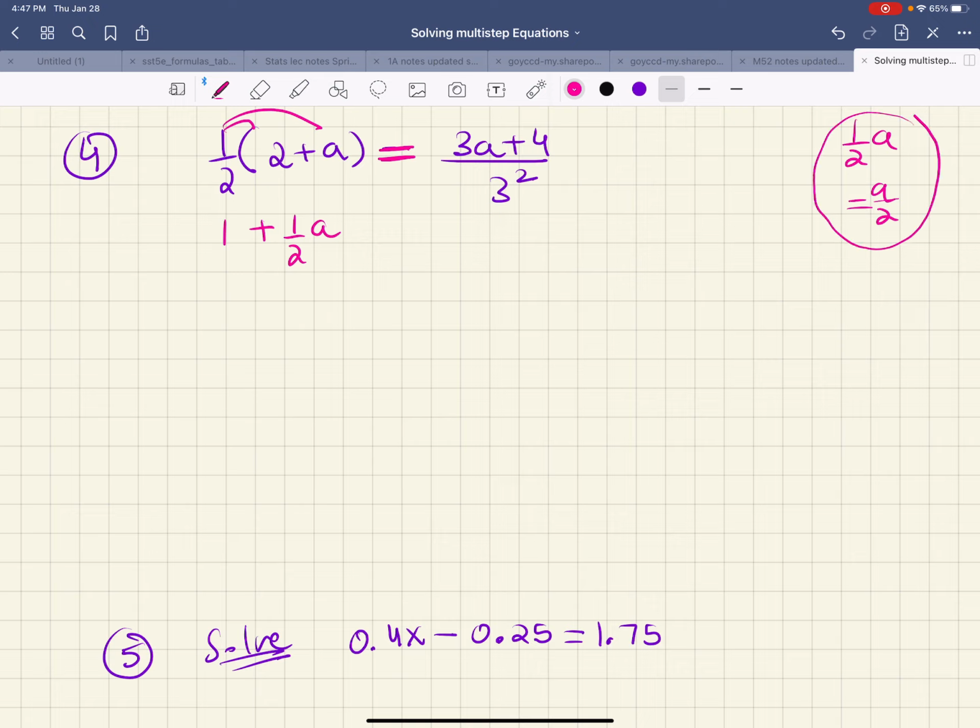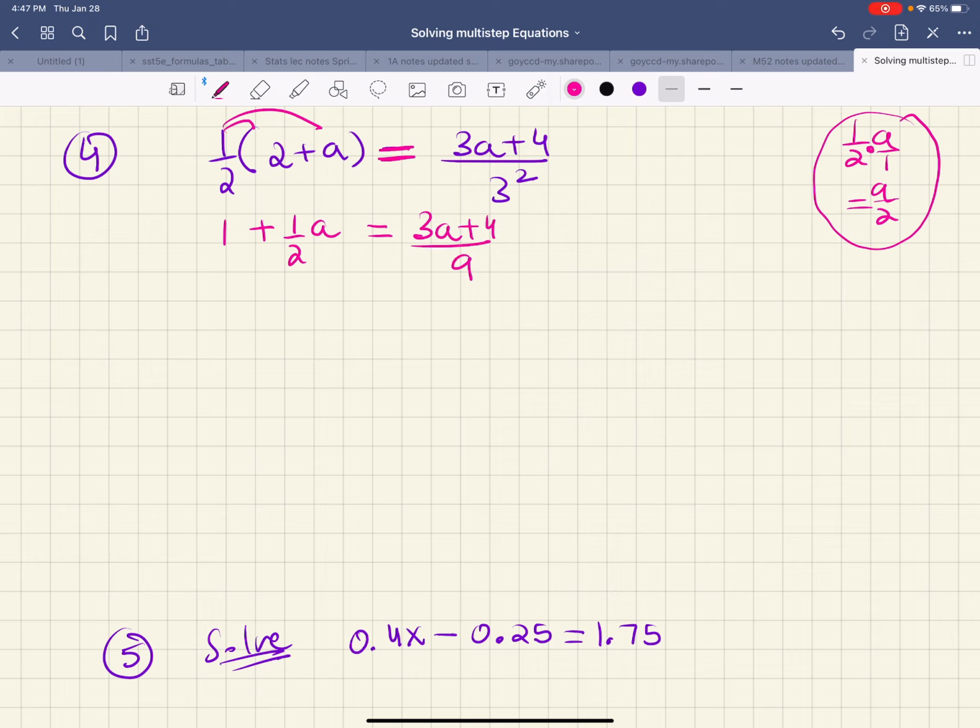Keep in mind, 1/2 times a is the same thing as a divided by 2, because you can put a 1 underneath and multiply the numerators and multiply the denominators. That's just to keep in mind, okay? Now, on the right hand side, we got 3a plus 4 divided by 9.